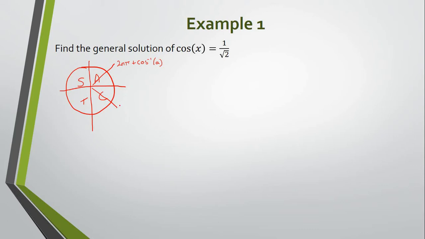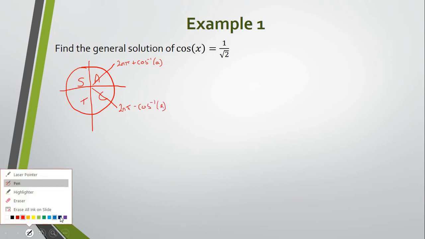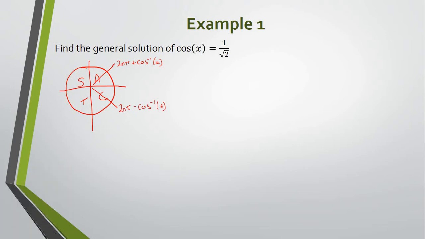To get to this solution here, we take our even value of pi and we subtract our value here. So that was the formula that we established before. So using this formula, when we're solving this, we say that x is equal to 2n pi plus or minus inverse cos of our angle, which is 1 over root 2.